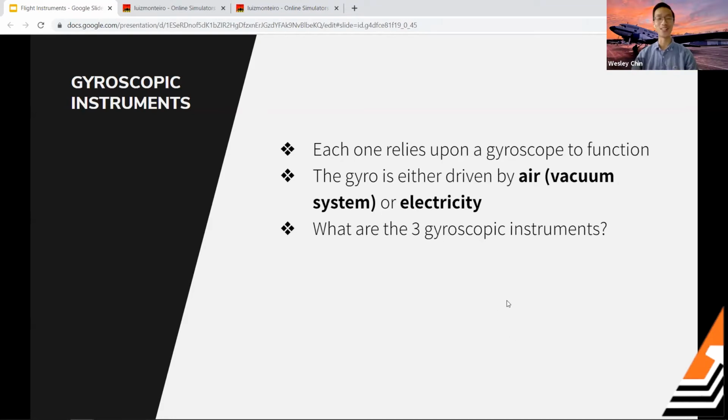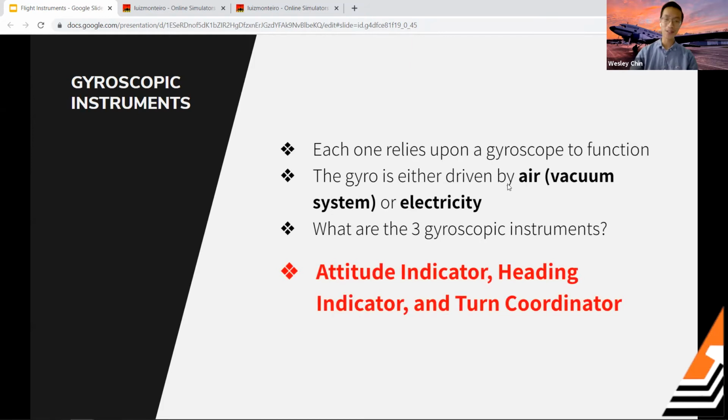All right, so it's going to be the remaining 3: the attitude indicator, the heading indicator, and the turn coordinator. All of these have gyroscopes functioning inside.